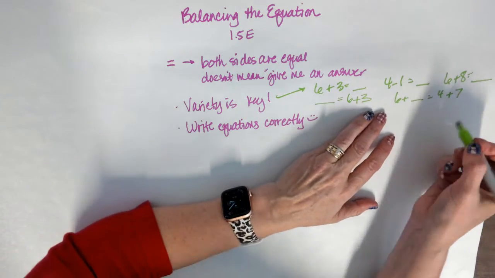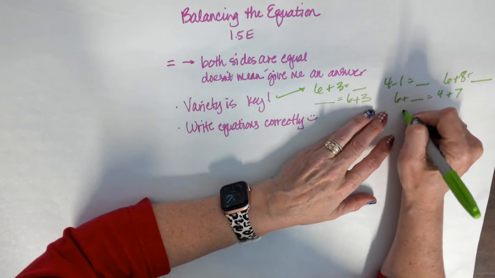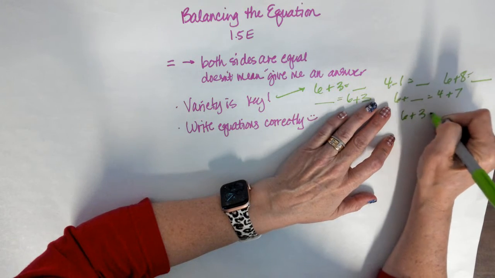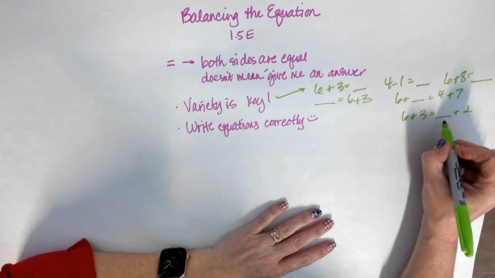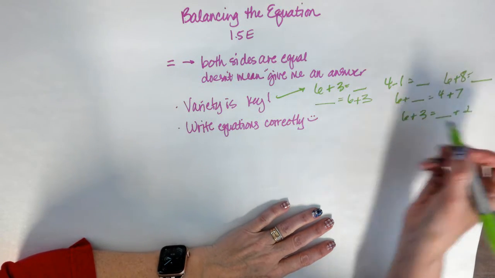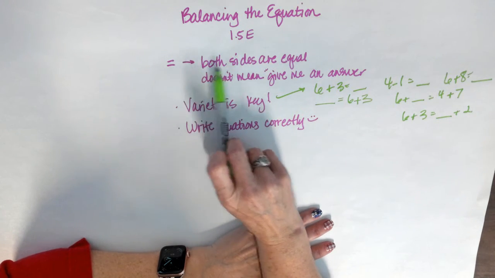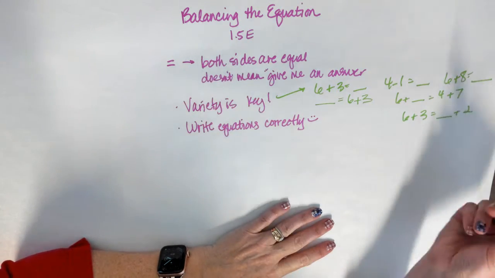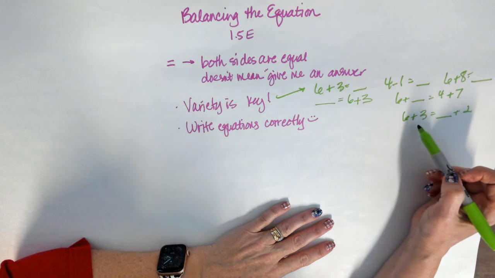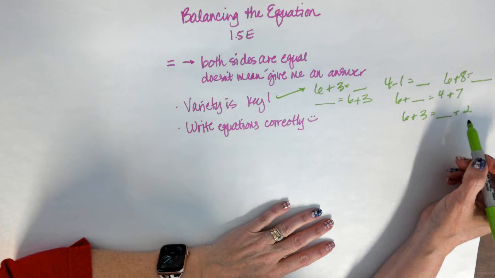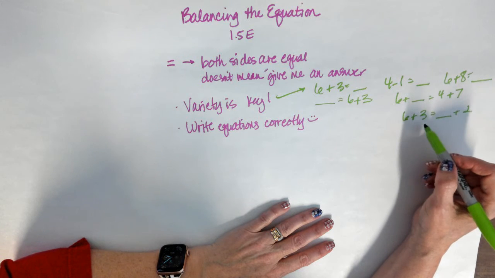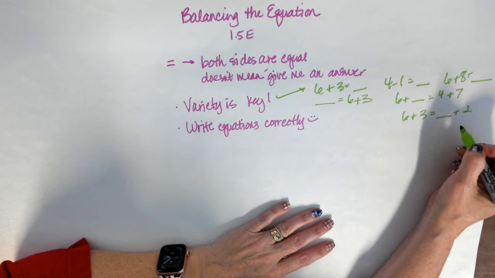So switching that equal sign, let's say we did 6 plus 3 equals blank plus 2. If you have kids that put a 9 here, then you know they don't understand that the equal sign means that both sides are equal. They think it means tell me the answer to this. So if I write 9 here, that's not true, because 9 plus 2 is 11, not 9. So this side has to equal 9.